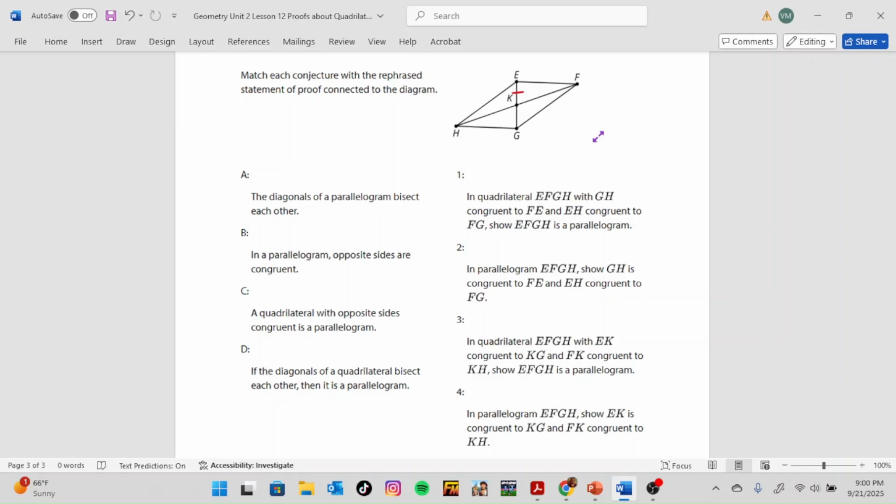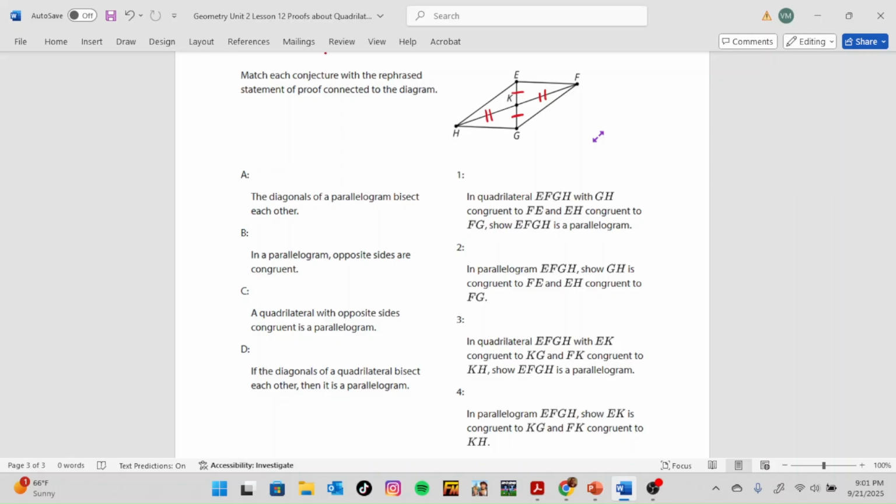All right, we're saying that EK is congruent to KG, and FK is congruent to KH. All right, that has to do with our diagonals. But then it says, show EFGH is a parallelogram. Well, A didn't require us to do that, so it wouldn't be number 3. So the only one left is choice 4.